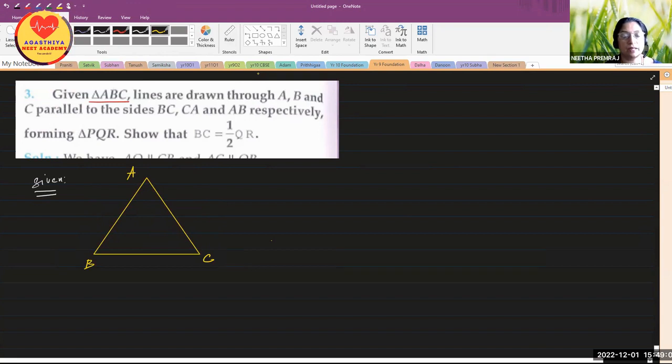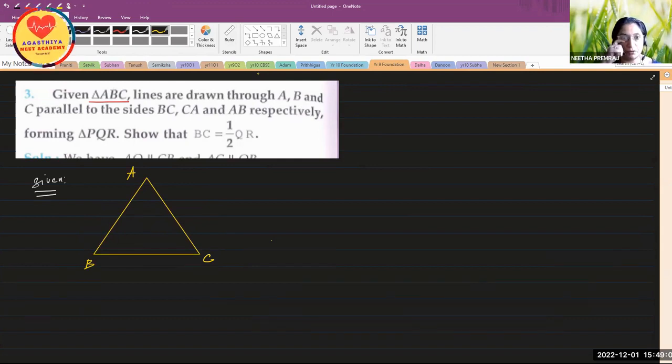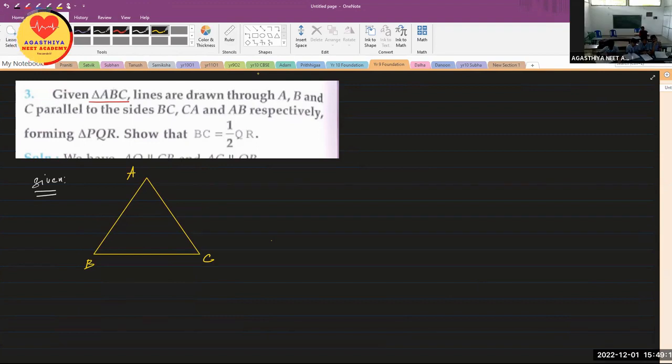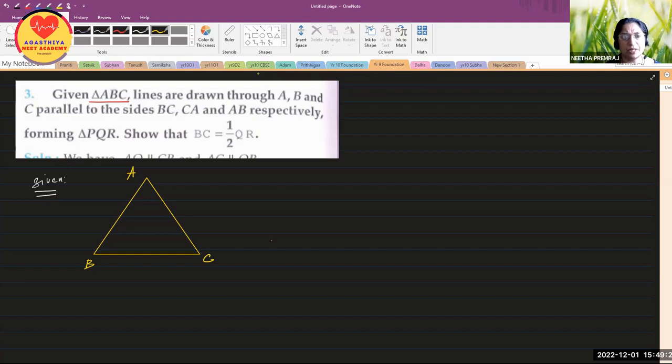Okay, then lines are drawn through A, B, C parallel to the sides BC, CA and AB respectively, forming PQR. How do you draw?